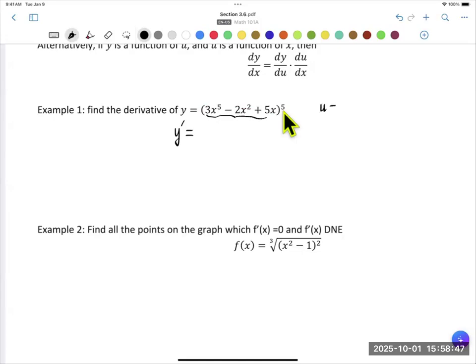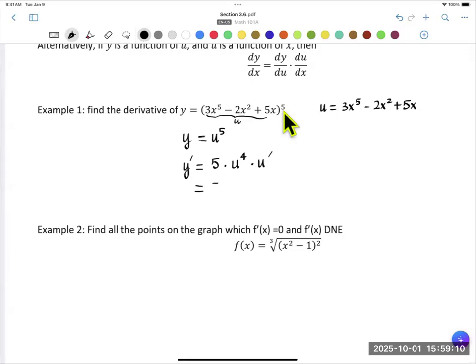I replace that by u, so y is u to the power 5. My y prime will be 5 times u to the power 4, and then times u prime.